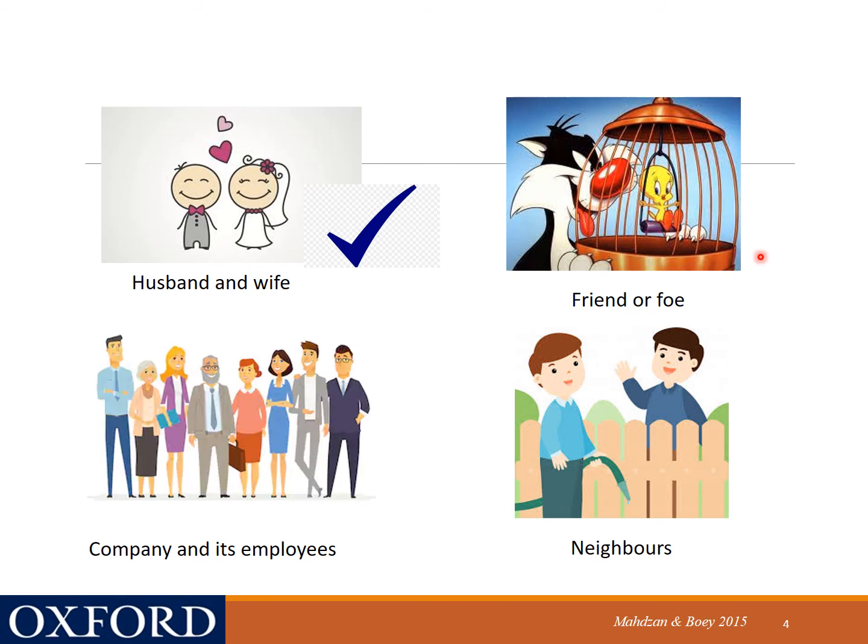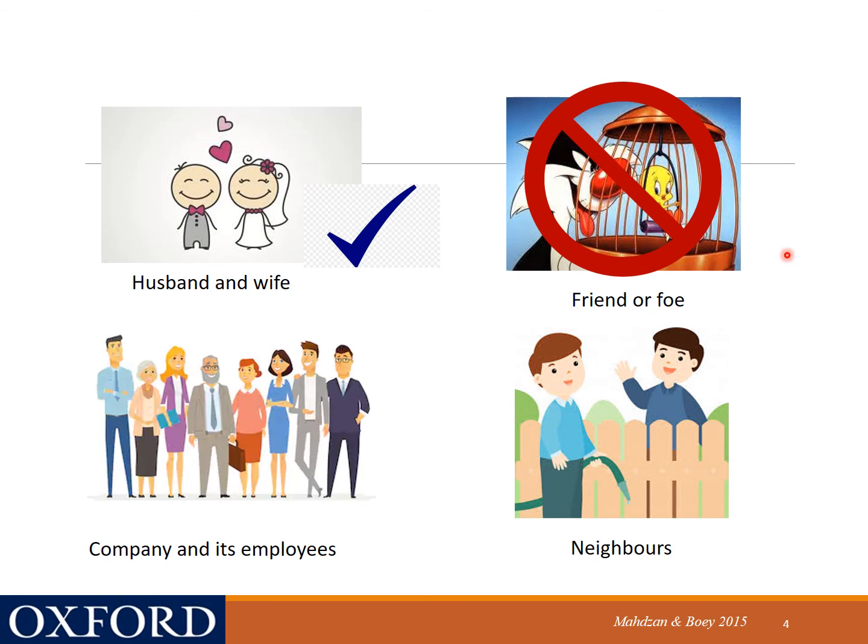Okay, so a friend or a foe, you do not have insurable interest, so it would be quite suspicious if you buy an insurance policy for your friend, or even your girlfriend or boyfriend for that matter. Girlfriend and boyfriend, you're not legally married, there's no legal relationship yet, so there's actually no insurable interest.